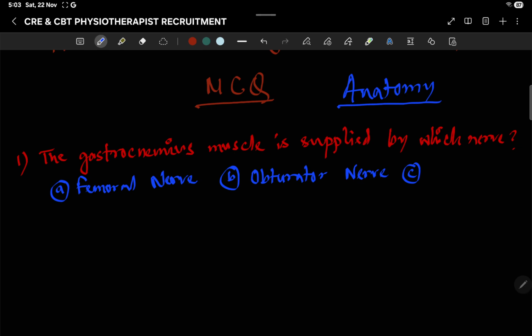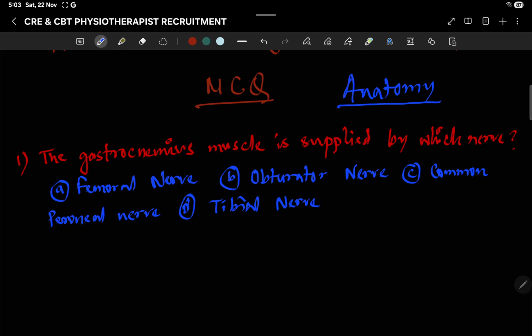C, common peroneal nerve, and D is tibial nerve.